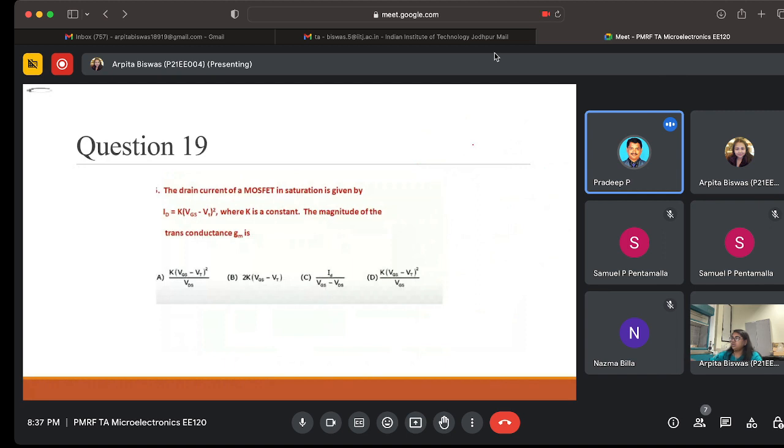This is question number 19. If the drain current of a MOSFET in saturation is given by ID equal to K into VGS minus VT whole square, where K is a constant, the magnitude of the transconductance GM is. You directly require this formula, then you can find the magnitude value of GM.